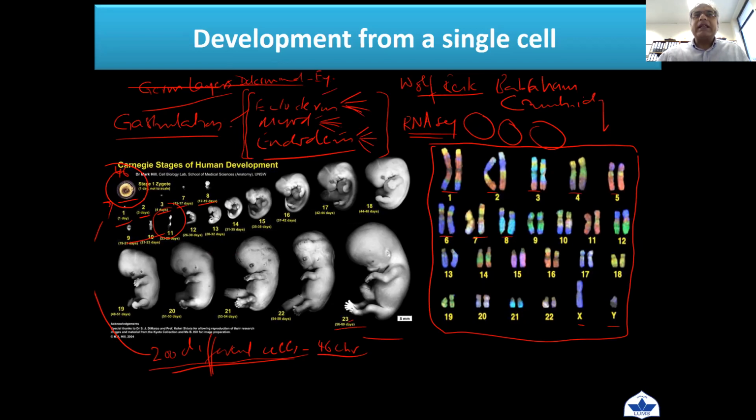For example, eye cells will have very specific gene expression, which we refer to as eye specific gene expression pattern. And all the progenitors of those cells will pass on through mitosis the gene expression pattern which is for eyes. Now the question arises, how are these cell type specific gene expression patterns established and how are they maintained?